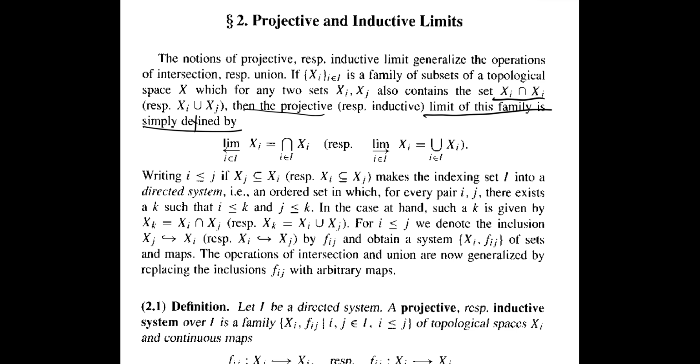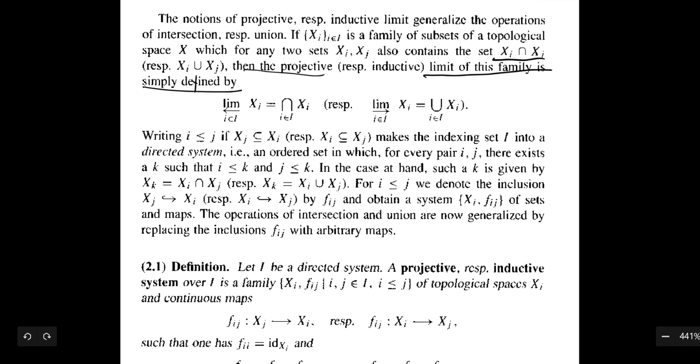Remark that continued intersection should have a special name for this directed system. Usually it's called filtered, if I'm not wrong.